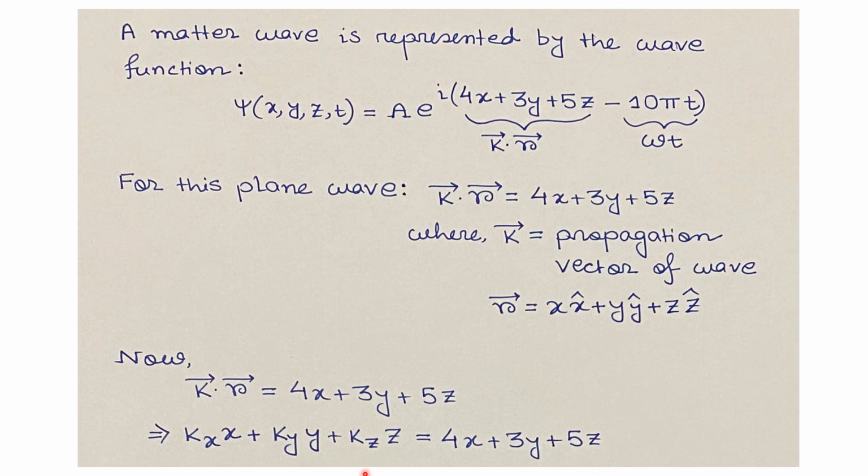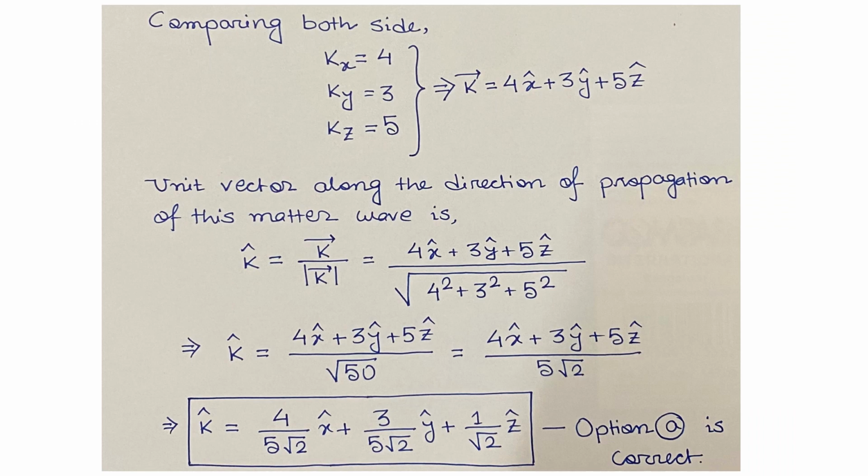Now, we will compare individual components of this k from left side to right side. So basically it will give kx equals 4, ky equals 3 and kz equals 5. So our wave vector is 4 x cap plus 3 y cap plus 5 z cap.